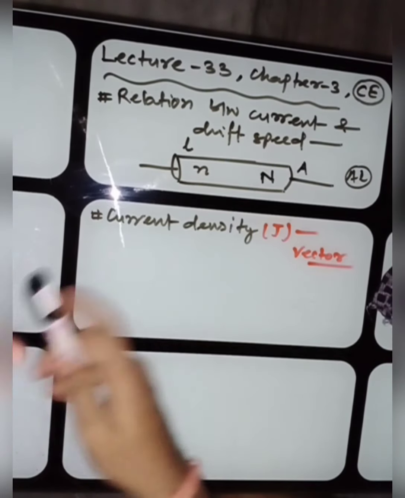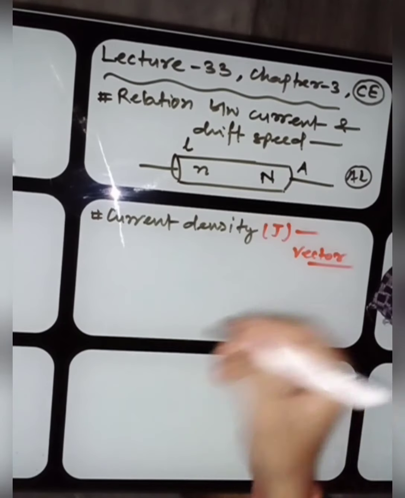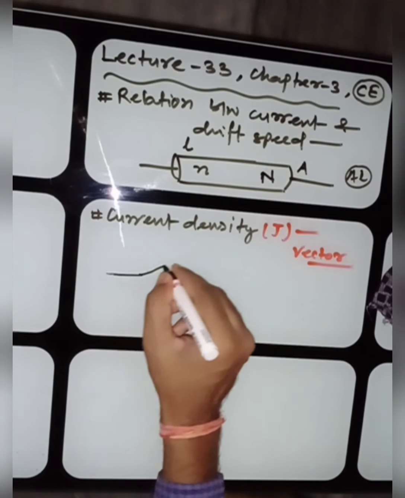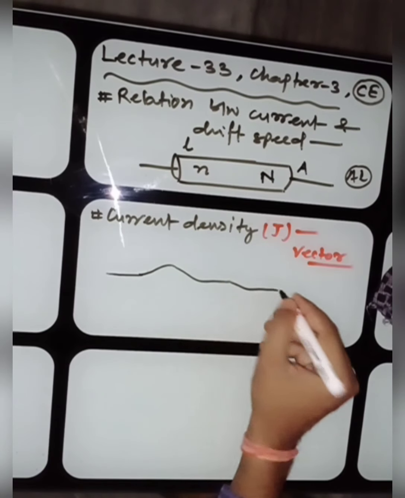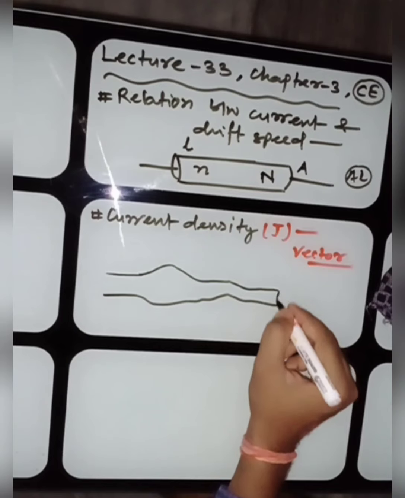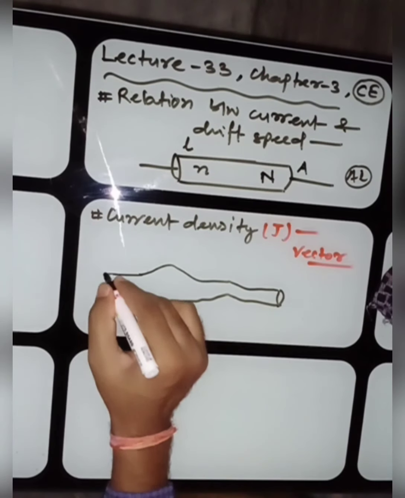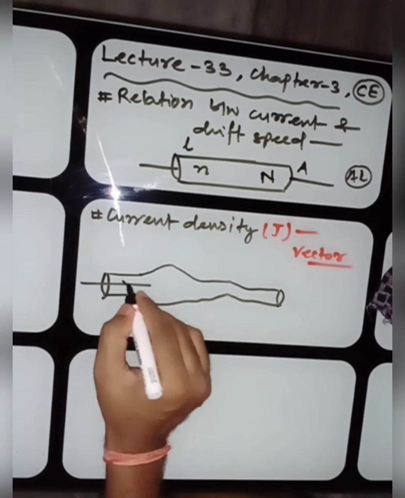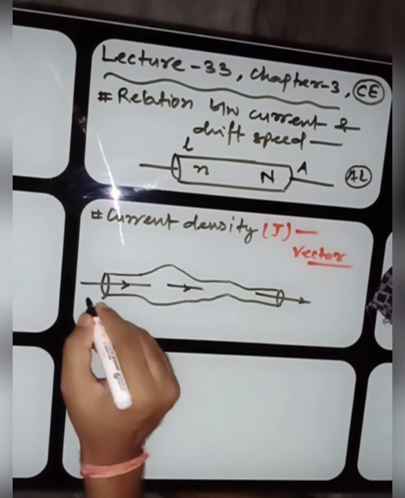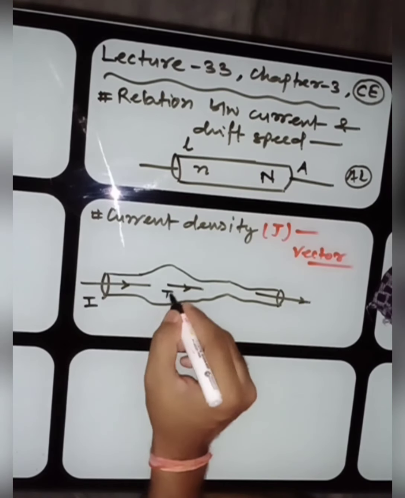Now, we know that it is not necessary that a conductor will have a uniform cross-section everywhere. Suppose this is the cross-sectional area of any conductor. Now, current starts moving. Current is flowing I. Remember, current will be constant throughout.